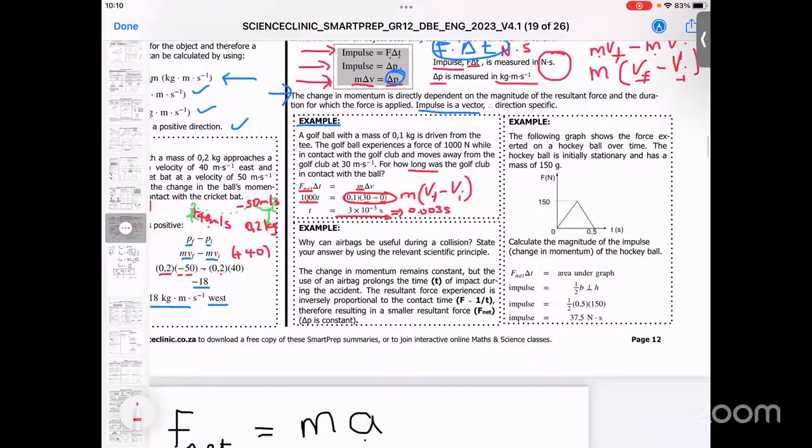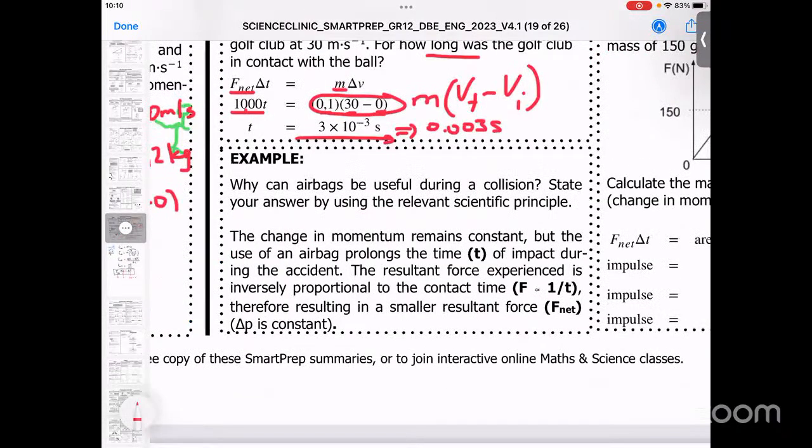So okay, here's another example that you can think of. They are saying, why can airbags be useful during a collision? No airbag moves inside the car. So they say, state your answer by using the relevant scientific principle. So here, in answering this question, they are making use of the momentum to say the change in momentum remains constant, but the use of an airbag prolongs the time of impact during the accident.